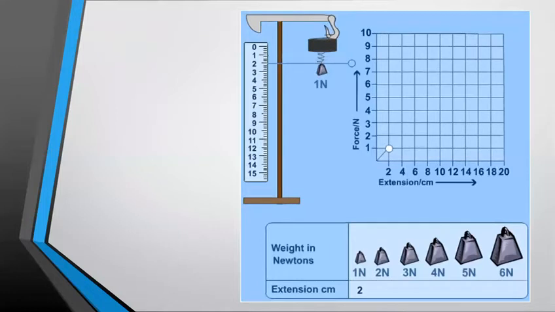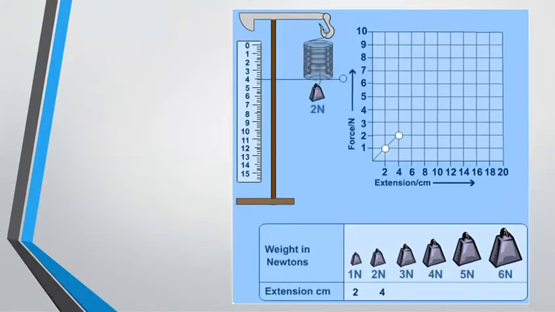Then we have a demonstration. We have some demonstrations regarding the force and the extensions produced in a spring, an elastic material. By applying a force of 1 Newton, the extension is 2 centimeters. If we increase the force to 2 Newton, meaning we double the force, then the extension will be doubled, meaning it will become 4 centimeters.